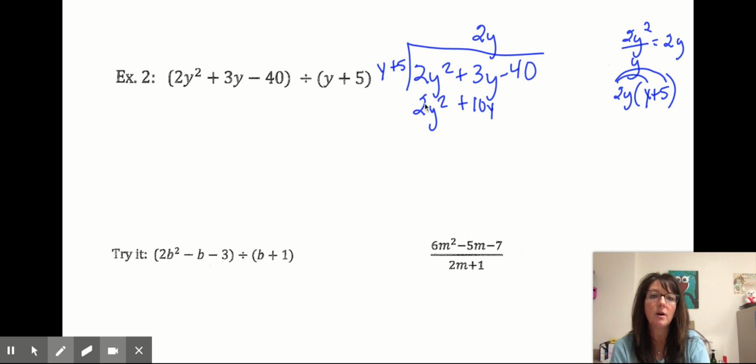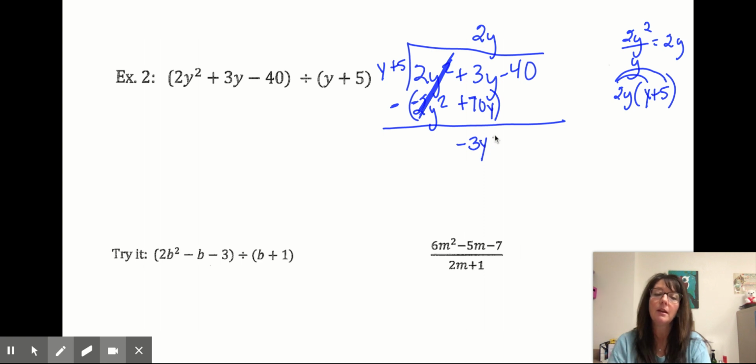That was a positive 10y. And I'm subtracting this whole thing. What does that do? That makes this negative and this negative. So 2y squared minus 2y squared. And then we have 3y plus a negative 10y. I'm sorry, that wasn't squared. 3y minus 10y is negative 7y. We're going to bring down this minus 40.